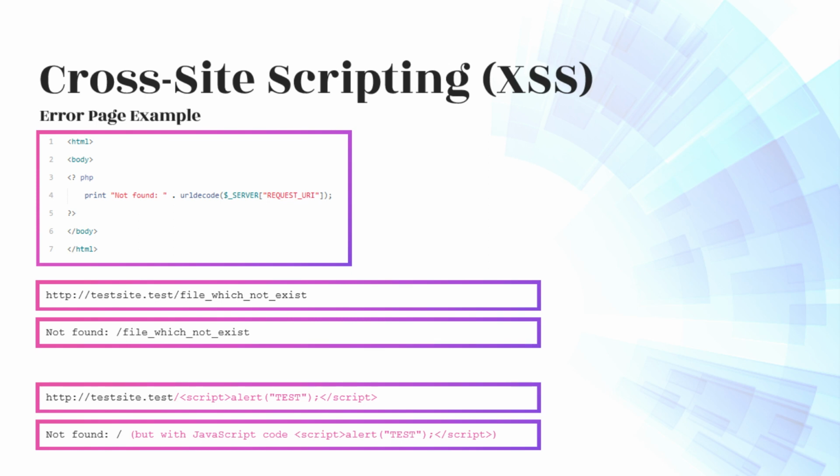So here the example could be testsite.test/file, which does not exist, and then the output would be "not found /file which not exists." Now an attacker might abuse this and provide a URL such as the one written here with an alert statement, or a script to alert for testing purposes, and then that script will actually be embedded in the 404 page, and the client will have that script executed on their machine also.